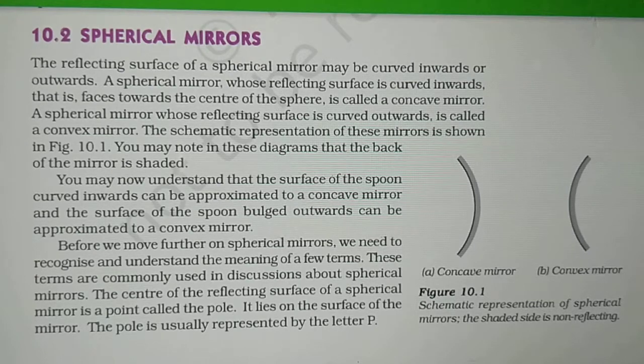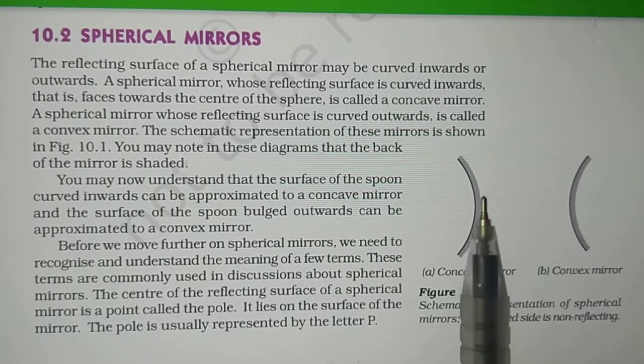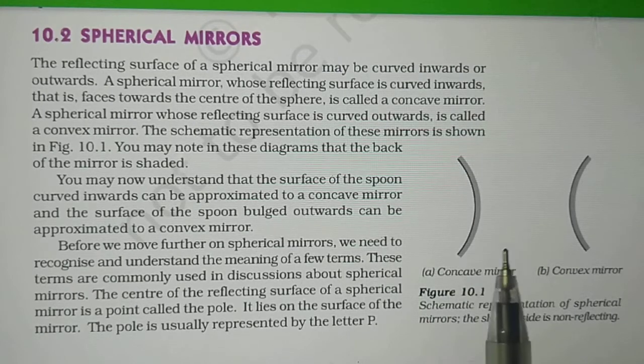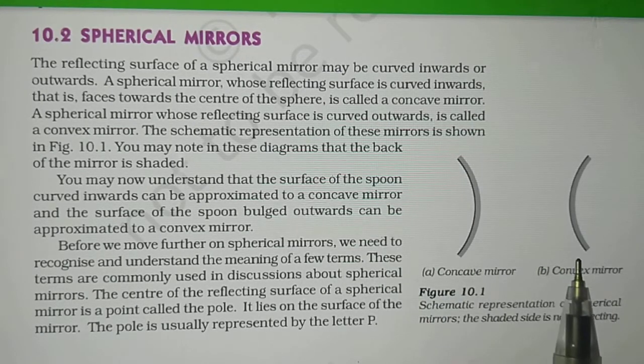The schematic representation of these mirrors is shown in figure 10.1. You may note in these diagrams that the back of the mirror is shaded, in the concave as well as in the convex mirror. Now you may understand that the surface of a spoon curved inward can be approximated to a concave mirror, and the surface of a spoon bulged outwards can be approximated to a convex mirror.